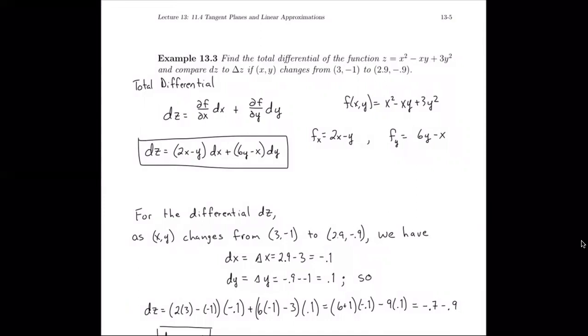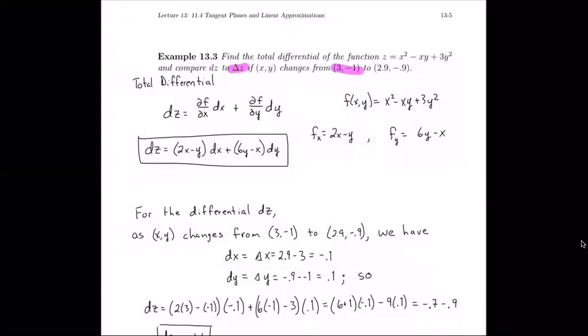Now, the next thing they ask us is to calculate dz as (3, -1) moves to (2.9, -0.9), and calculate delta z as (3, -1) is moved to the other point of (2.9, -0.9). Okay, those are different things, remember?